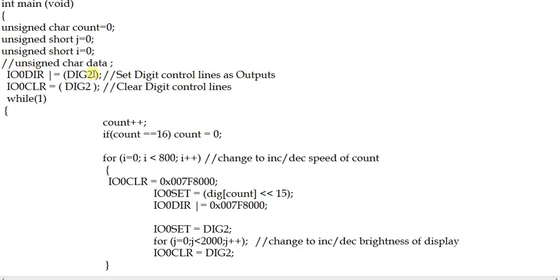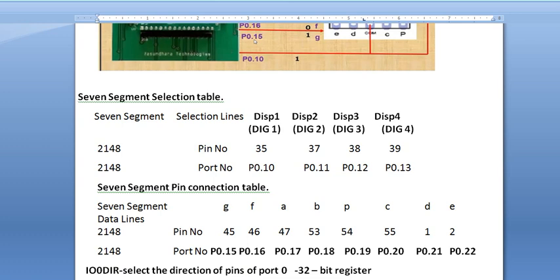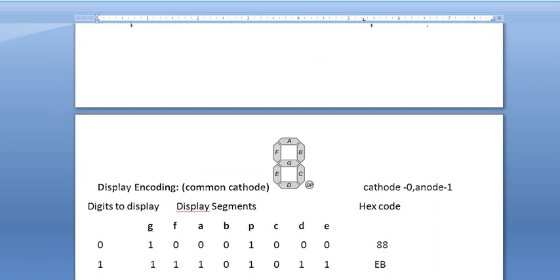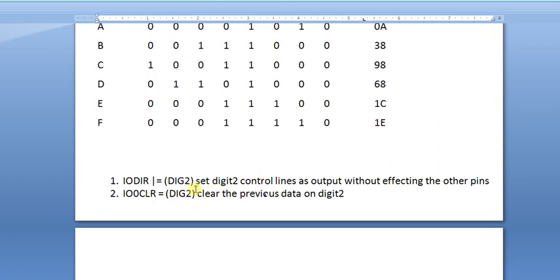So first we treat digit 2 as an output, and we clear the data on digit 2. This is the compulsory step 1 and step 2 we need to use here. Step 1: set digit 2 control lines as output without affecting the other pins. Step 2: digit 2 clears the previous data.